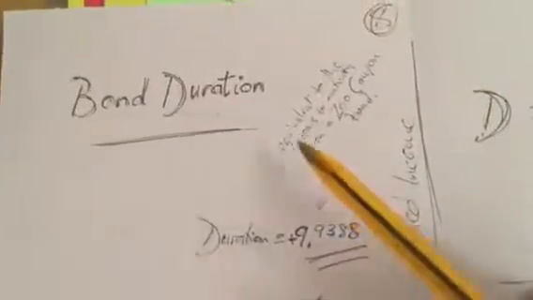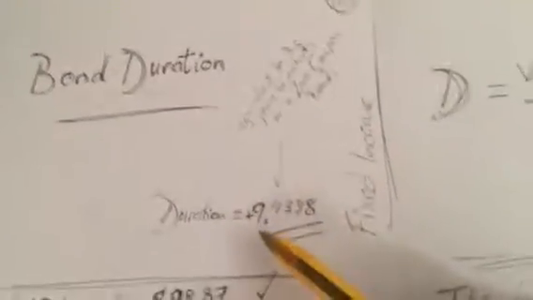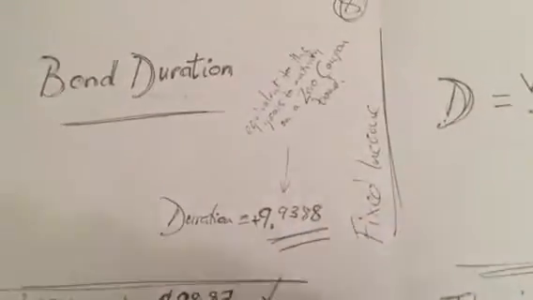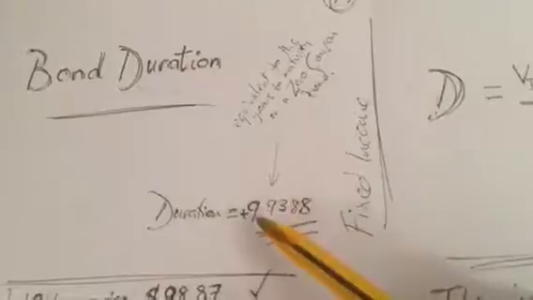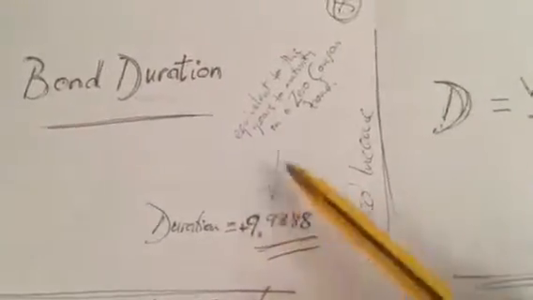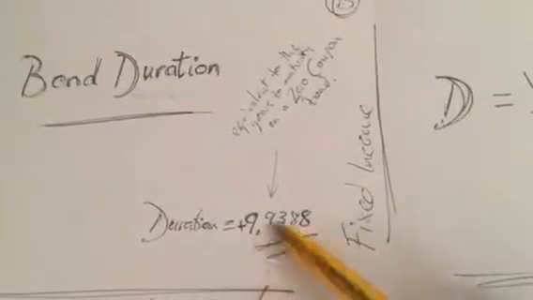So an equivalent zero coupon bond would be one where the sensitivity of the market price, the percentage change per percentage change in yield, would be equivalent to a zero coupon bond.